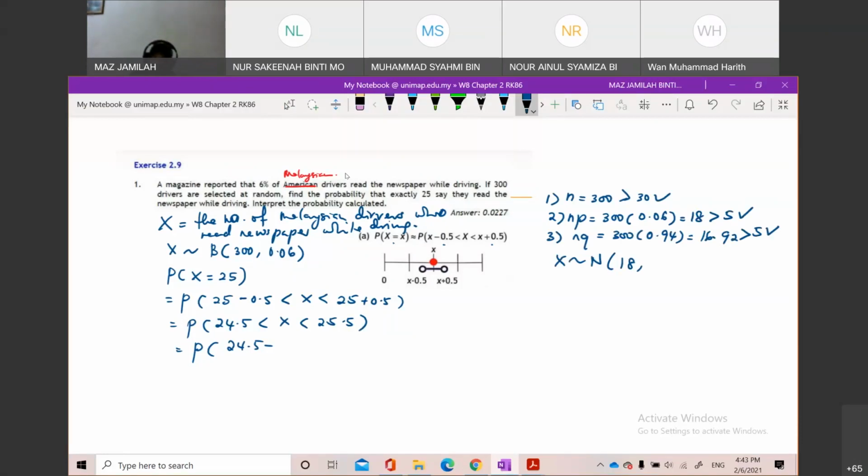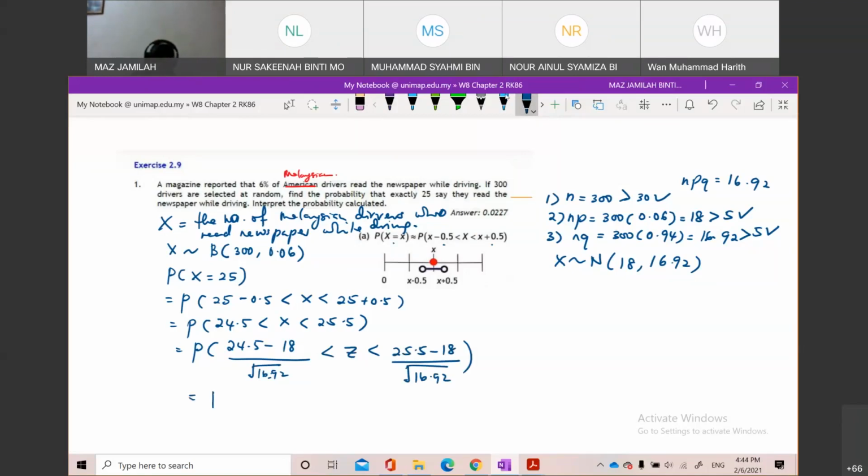The mean will be np, that will be 18, and the standard deviation is the square root of npq, which is 16.92. So from X we go to Z. Z for 25.5 is 25.5 minus 18 divided by the square root of 16.92.